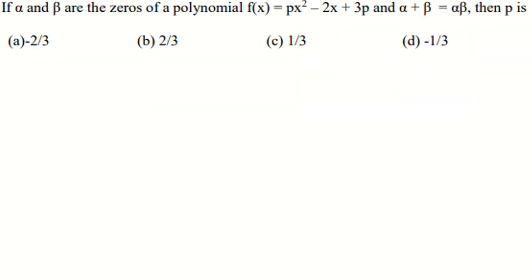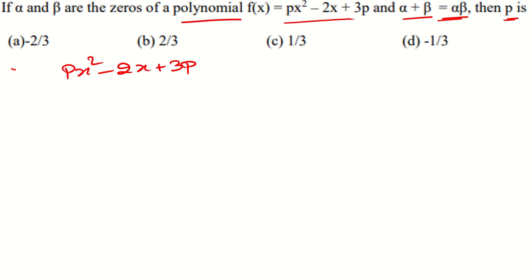Now next: if alpha and beta are the zeros of the polynomial, and alpha plus beta is equal to alpha beta, then find the value of p. Everyone, try to understand that px square minus 2x plus 3p is the equation, or you can say polynomial, and alpha and beta are the zeros.